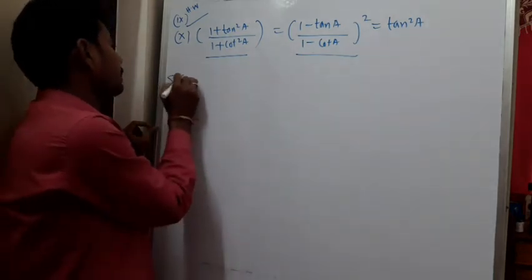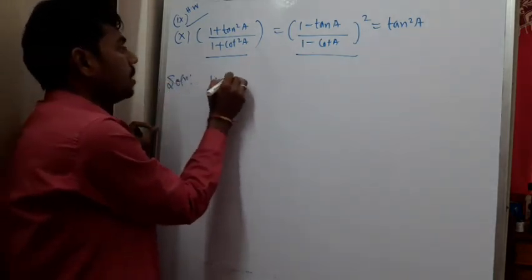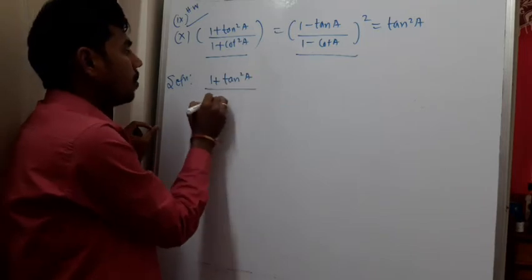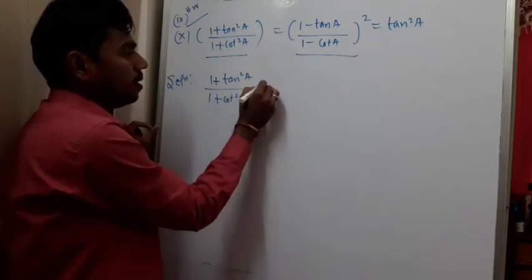Okay, now. 1 plus tan square A divided by 1 plus cot square A is equal to.